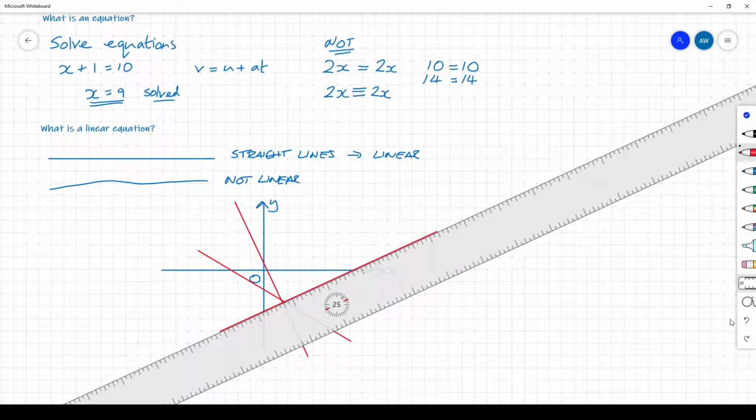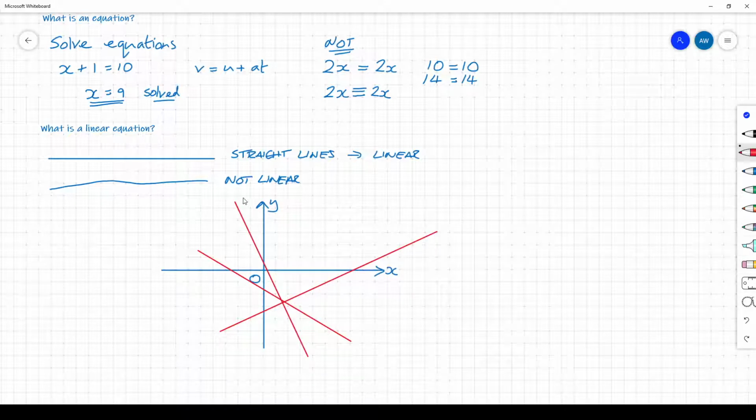So all these straight lines graphed on this x and y axis would all represent linear equations. Okay, and that's something you have to be able to do as well as part of GCSE mathematics. You have to be able to draw the graph of a linear equation. But in order to draw it, we'd have to have y in there as well. But that's for another day. But that's why they're called linear equations, because if we put them on a graph, we would get a lovely straight line because it's linear. Okay, and that's all it means.